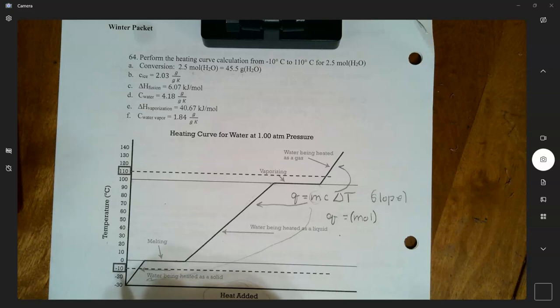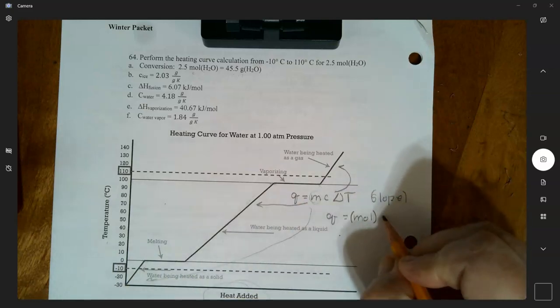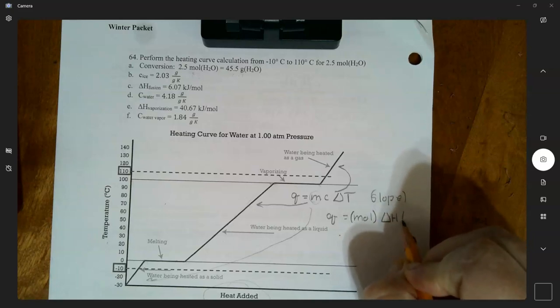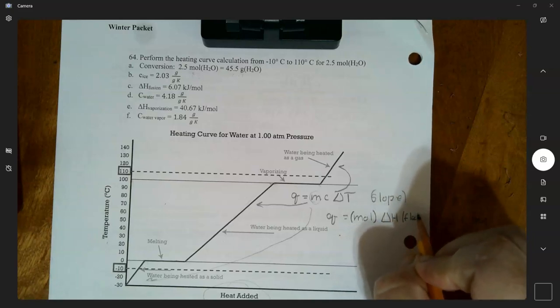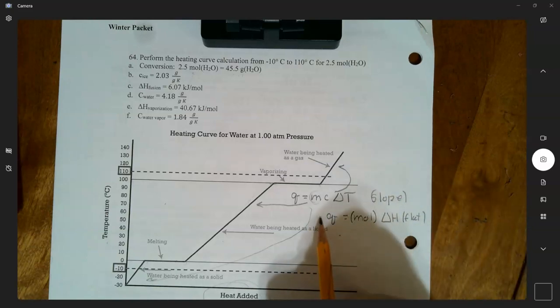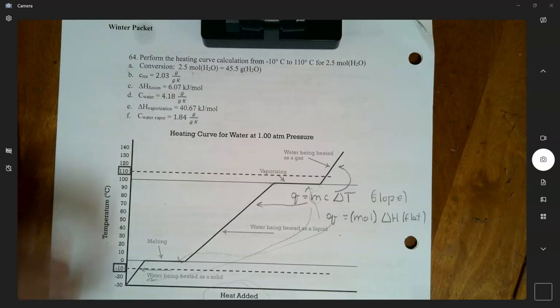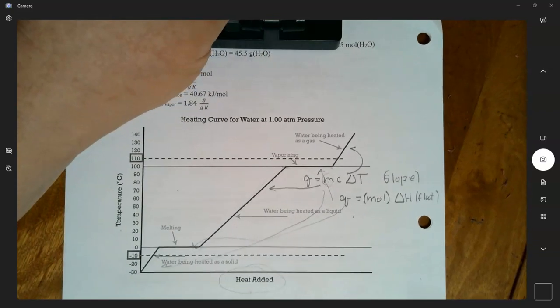Okay, so it's the number of moles times the delta H. And this is for the flat parts. Okay, so this one right here and this one down here. Okay, all right. So we'll come down here and do the calculations down below.